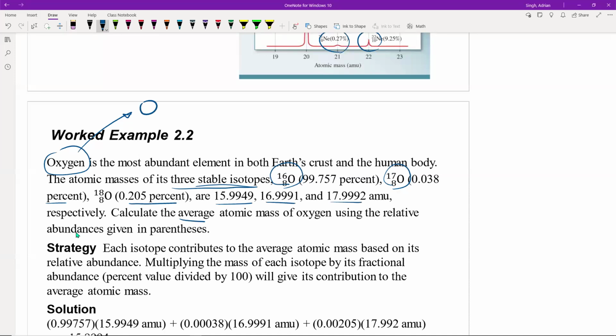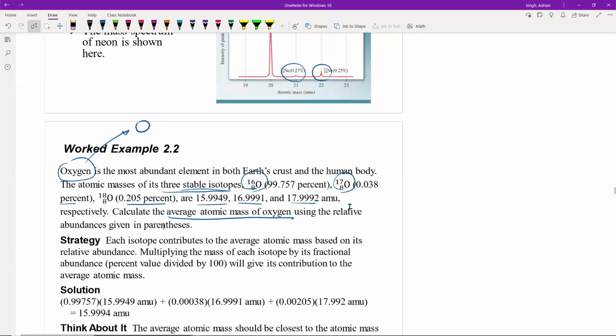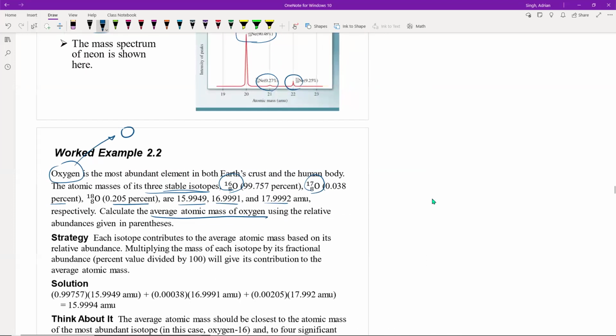If we need to calculate the average atomic mass of oxygen using the abundances provided, we can calculate it using the same formula like we did previously. So the average atomic mass of oxygen: we're going to take the percent abundance of oxygen 16, so that would be 99.75%, expressed as a decimal would be 0.9975.